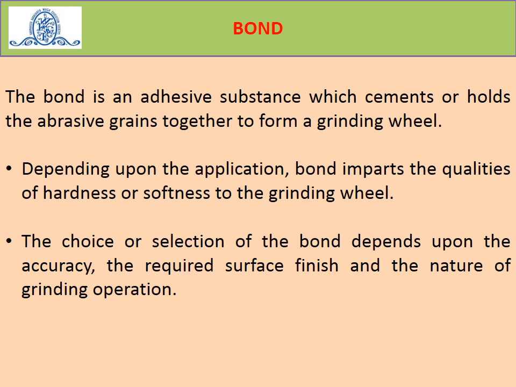Okay, next one is the bond. Bond plays a very important role in the grinding wheel. The bond is an adhesive substance, just like Fevikwik, which holds the different abrasive grains together to form the grinding wheel, because the abrasive particles are in a powder form.